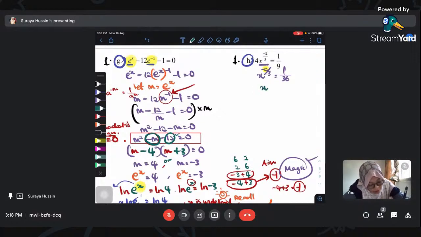Manakala nak teruskan perjalanan adalah dengan mendarabkan both side dengan 3. Nak hilangkan 3. You akan ditinggalkan dengan X negative 2, 1/36 cube.